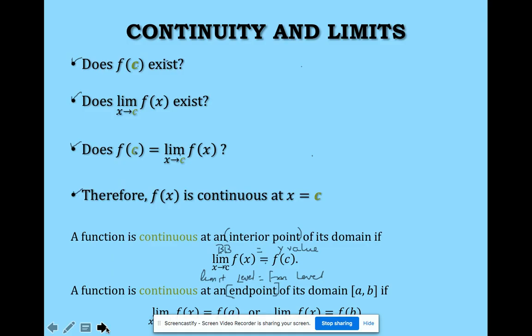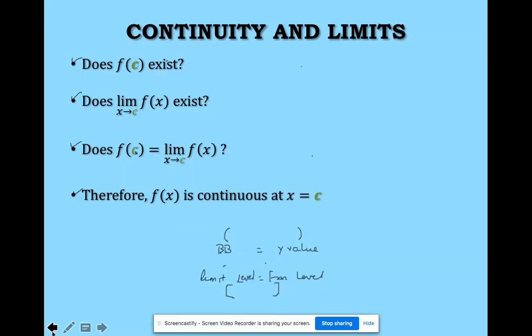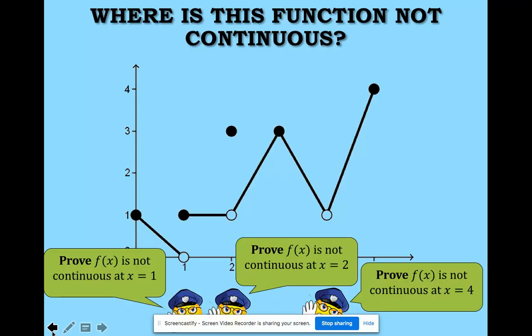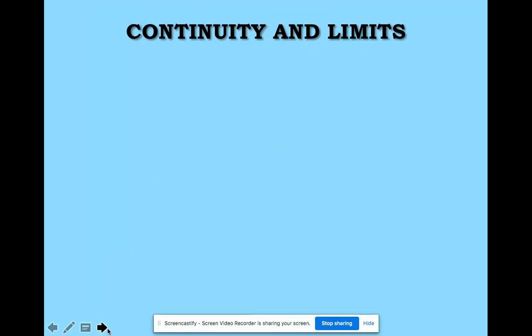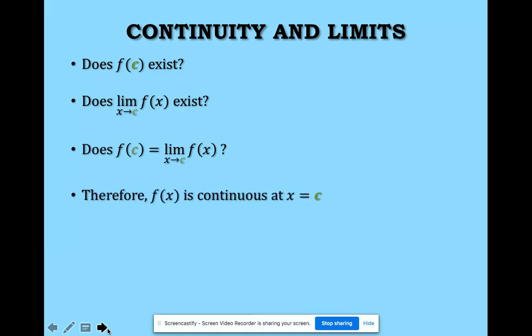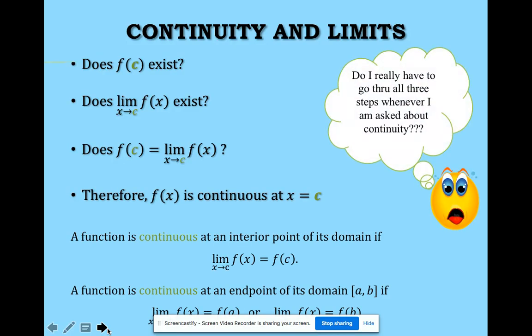I would suggest that in your notes, you title your notes continuity and limits, write this down, and maybe do an example, one of the examples that we had done on this screen, or I'm going to do another one. Remember that only if you are asked to do you have to go through all 3 steps.